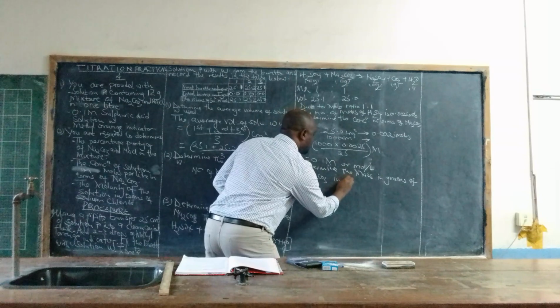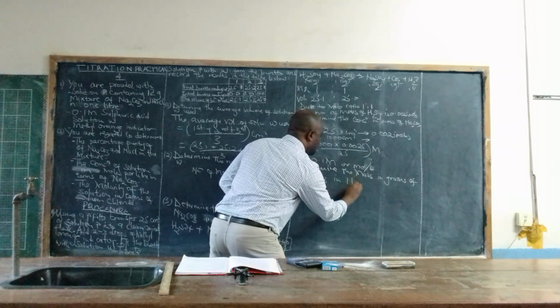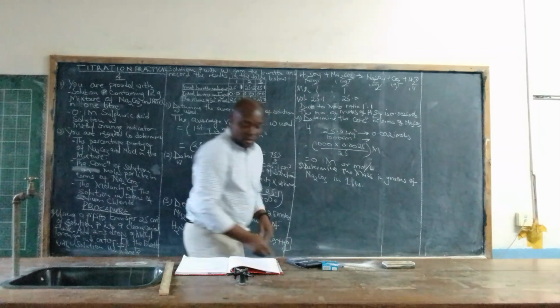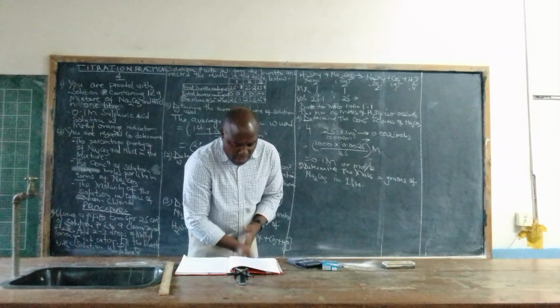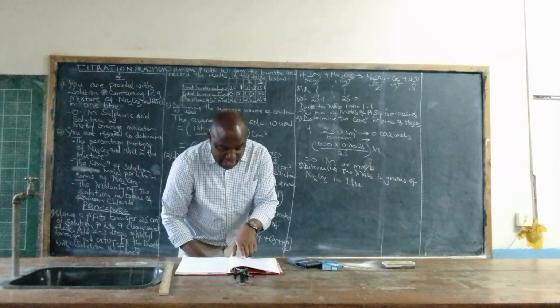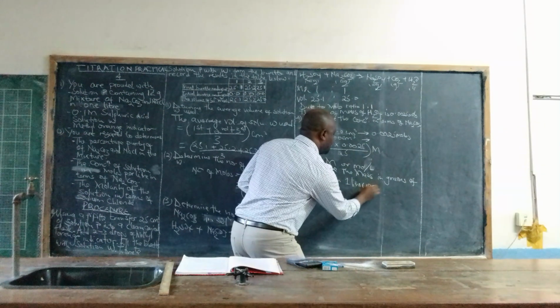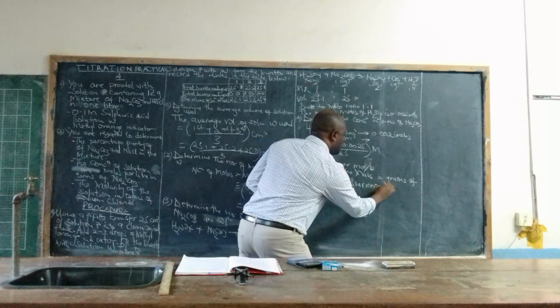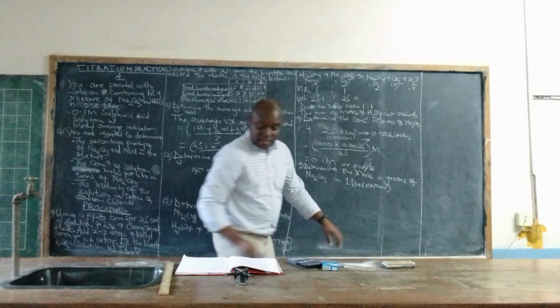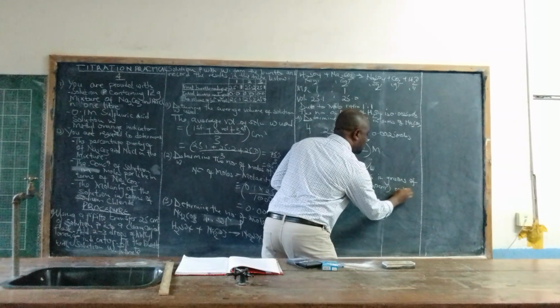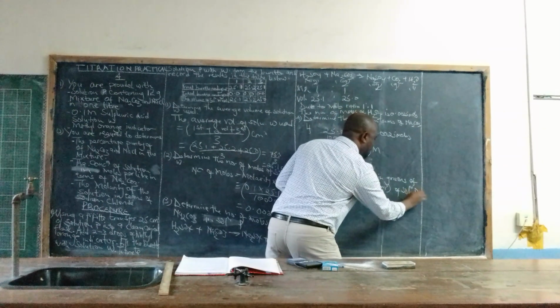Of sodium carbonate in 1 liter, which is 1,000 cubic centimeters, this is what we call of solution P.